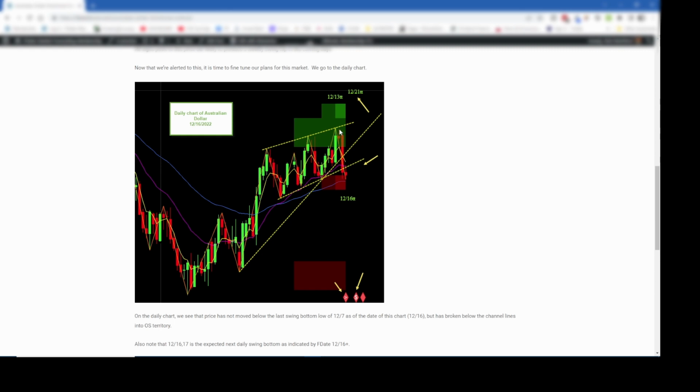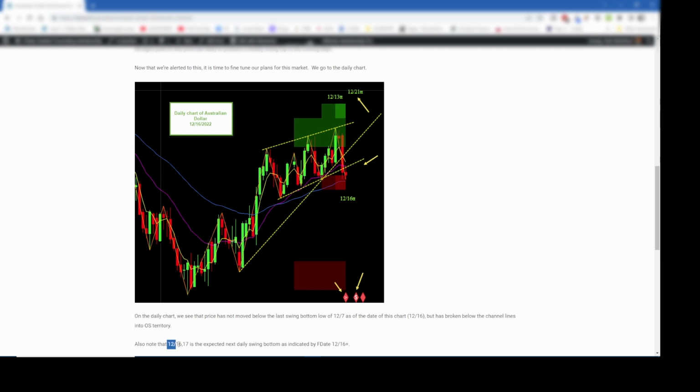Also, we can see that there was an expectation for the day of 1213 to make a swing, and in this case we can see 1213 made a swing top, so that happened right on time. The next one we got showing here is 1216, and then this is 1216 with a greater than sign, which means 1216 17.